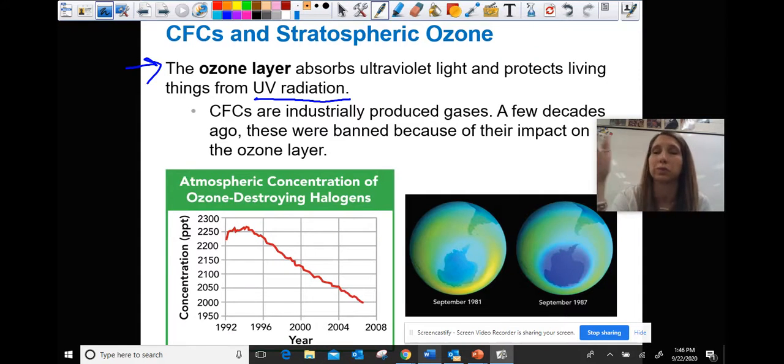When we use these, they sit and remain up in the atmosphere. These things don't just deteriorate and go away. What they do is affect the layering of that ozone. So these were banned based on some research that was done back in the 80s. They've since been removed from production, but we're still seeing the consequences of what we had seen in the past.